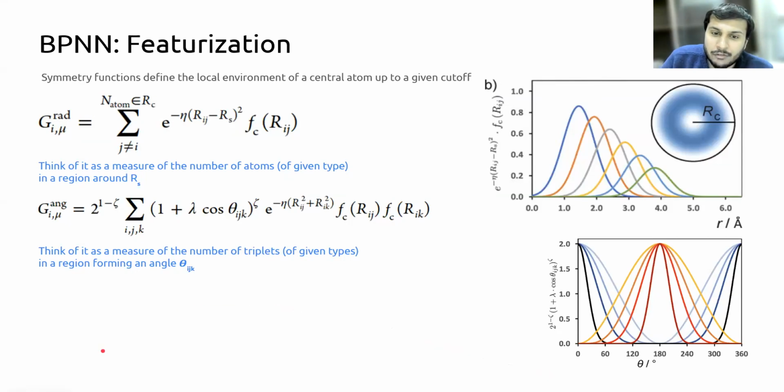Okay, so these are called radial symmetry functions, and these are called angular symmetry functions. The other thing that you will note is that all of these are multiplied by this cutoff function. And all this does is make sure that all of these smoothly go to 0 after a given cutoff, in both cases.